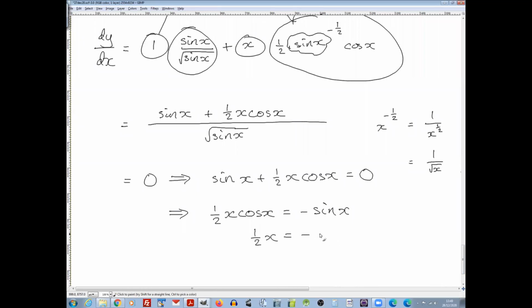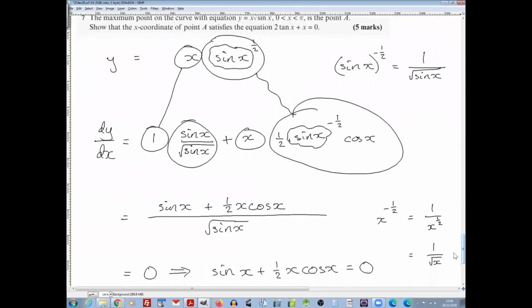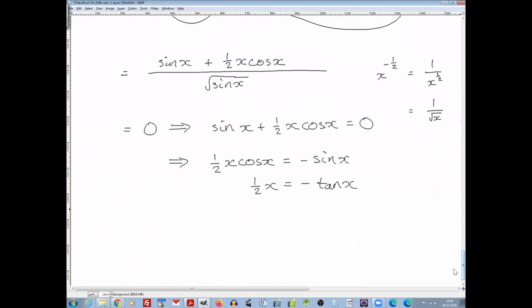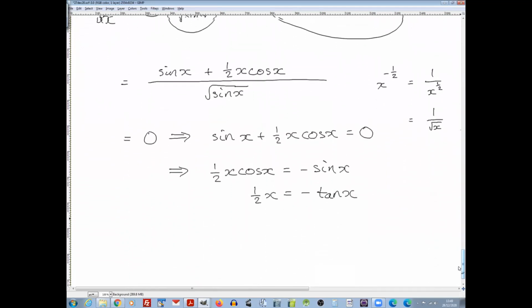So sine x over cos x, or tan x, yeah. It's tan x. But we're not ready to compare with what they say, although it looks pretty similar. In fact, we could keep it equal to 0, couldn't we?